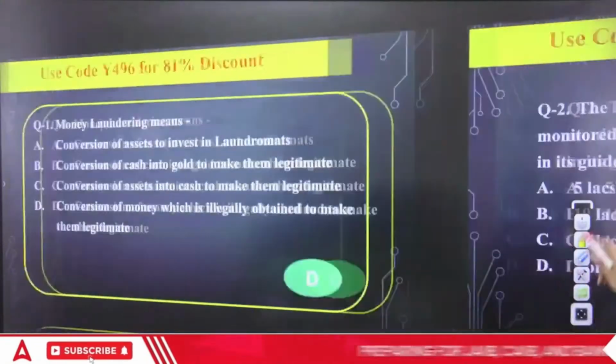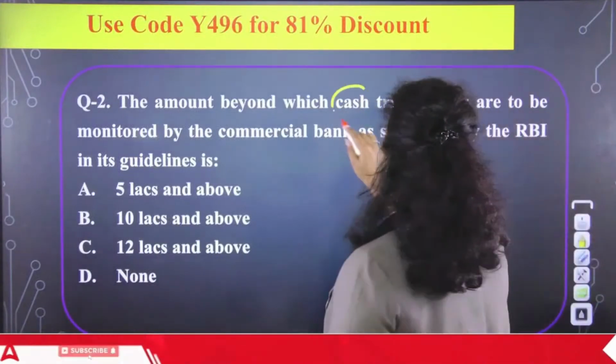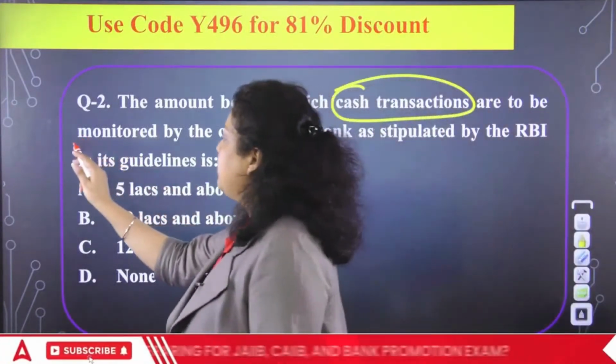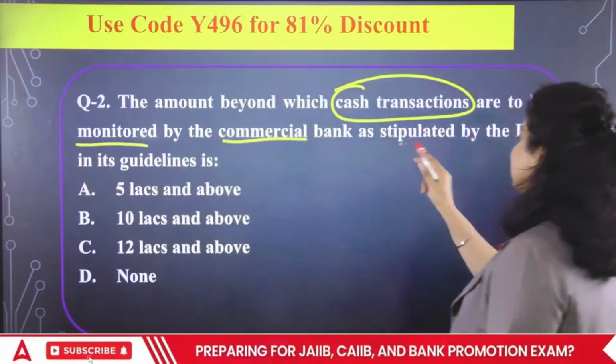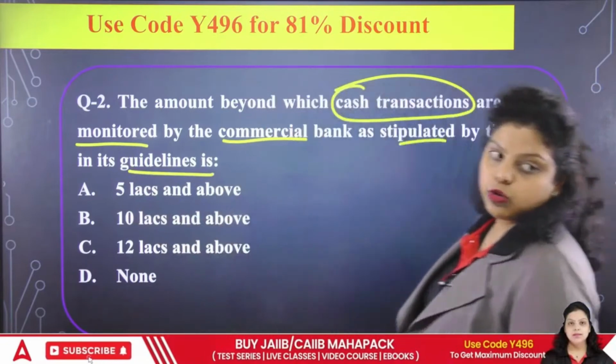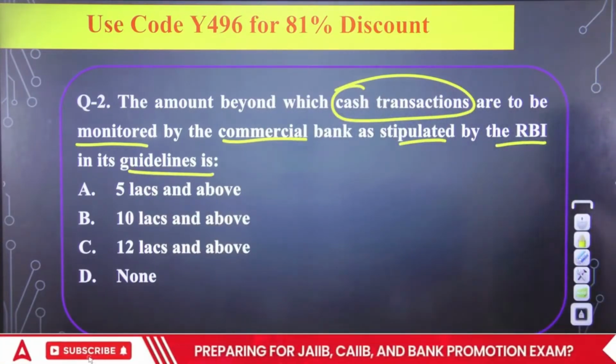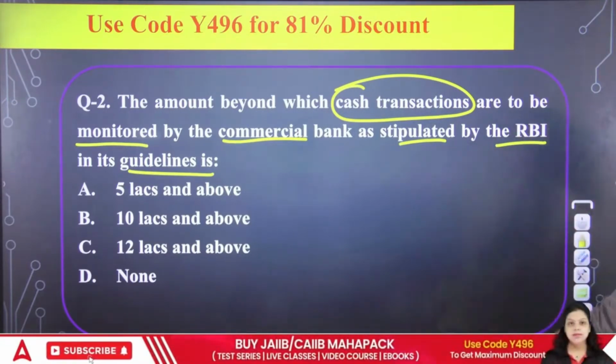Now, next. The second question is about the amount beyond which cash transactions are to be monitored by the commercial bank as stipulated by the RBI in its guidelines. After what amount should transactions be monitored by the banks as per the RBI's guidelines?